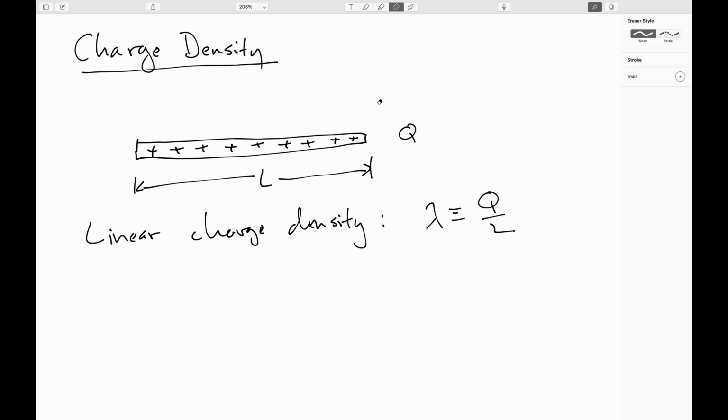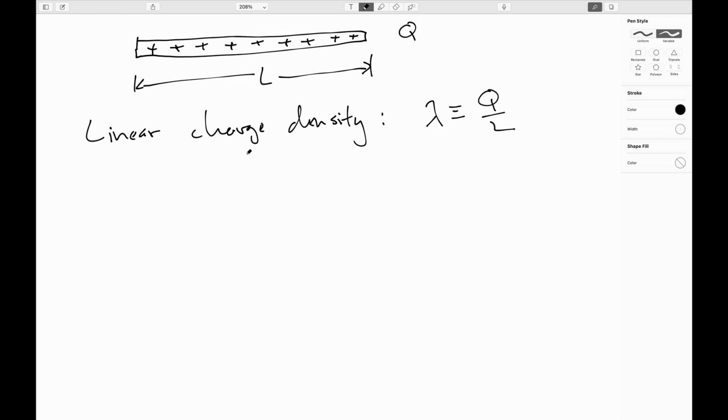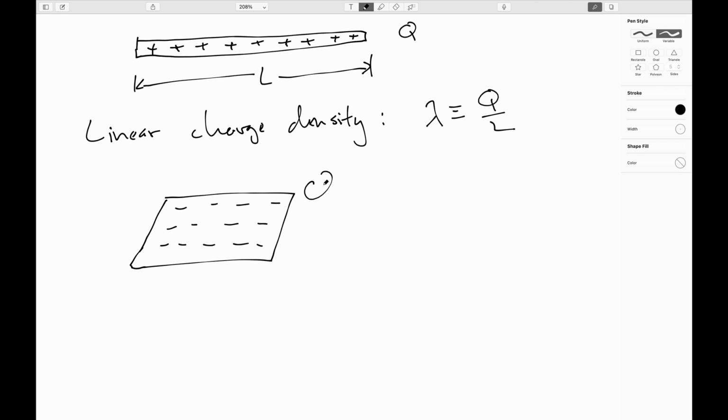And similarly, if, say, it was smeared out over some surface, so let's say we got some charges, we'll make them negative this time, smeared out over some surface, so again, charge Q. And now what we'd be worried about is the area of the surface.